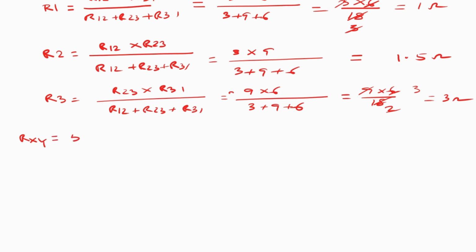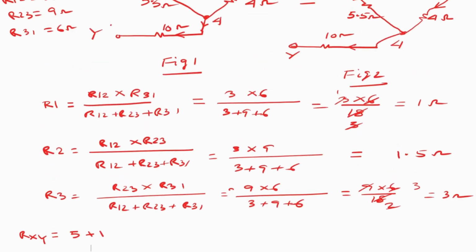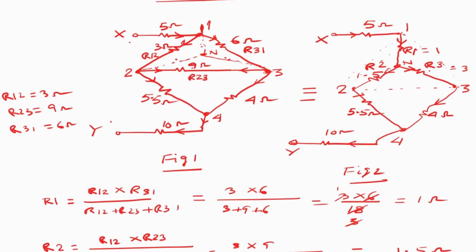So 5 plus 1. See the diagram: this is 5, this is 1, so you add 5 plus 1.